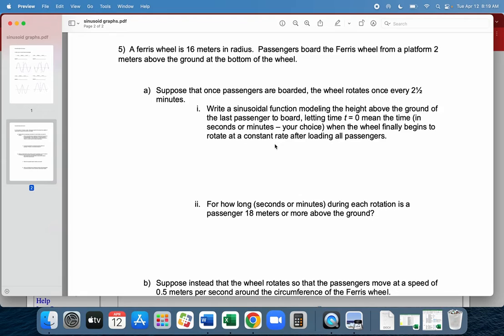And then all we have to do is figure out how to make the period. Let me not call this theta, because that makes it sound like the angle. Let me say t. I'm going to put it in time in minutes. If 2.5 minutes have gone by, I want it to go all the way around once. Well, we just dealt with a period of 2.5 pi. We just have 2.5 without the pi this time. So it doesn't work out quite as nicely.